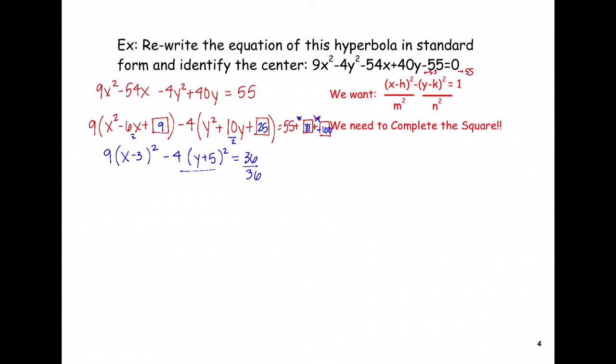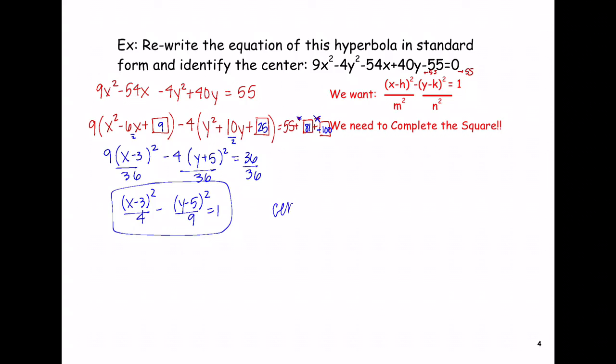Divide by 36, since every ellipse or hyperbola has to be set equal to 1. Reduces to x minus 3 squared over 4 minus y minus 5 squared over 9 is equal to 1. And we have our standard form of our hyperbola. Our center, insides are opposite, is at positive 3, positive 5.